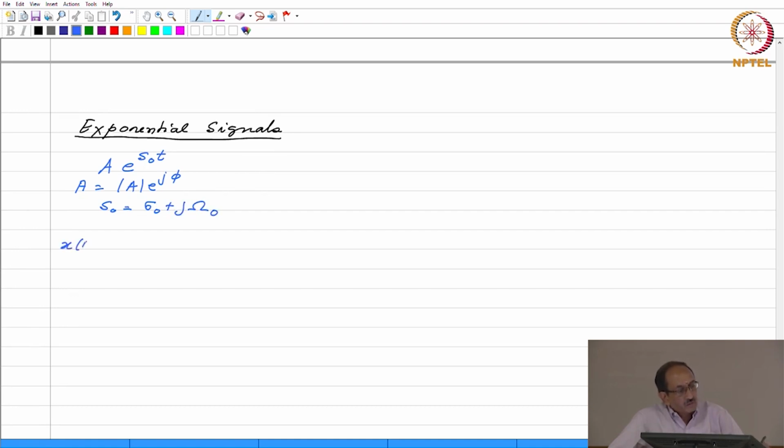Therefore, x of t, which is A times e to the s naught t, is really magnitude A, and e to the s naught t can be written as e to the sigma naught t plus j capital omega naught t. So therefore, this becomes e to the sigma naught t, e to the j omega naught t plus phi.